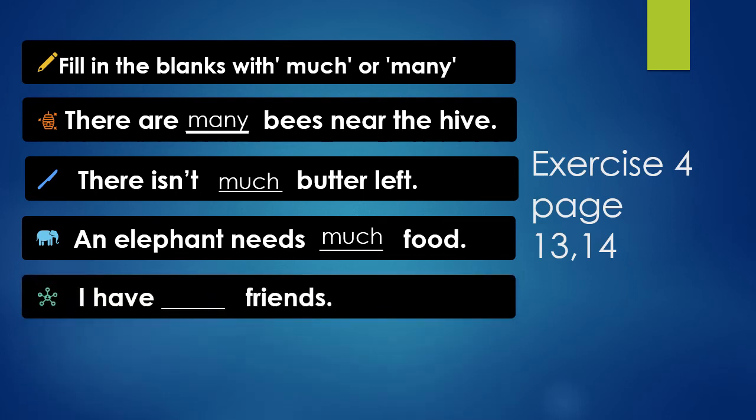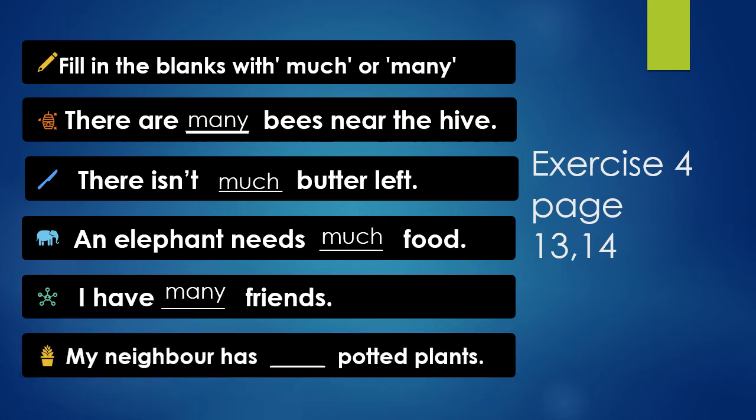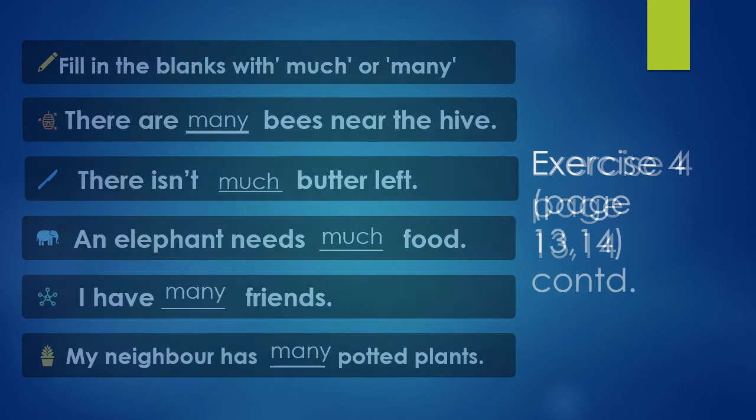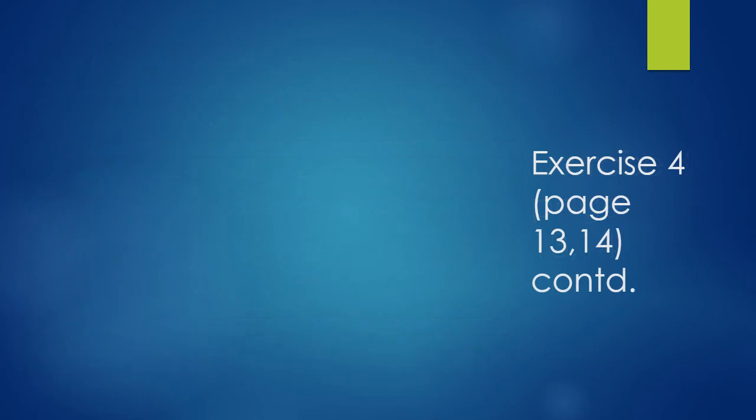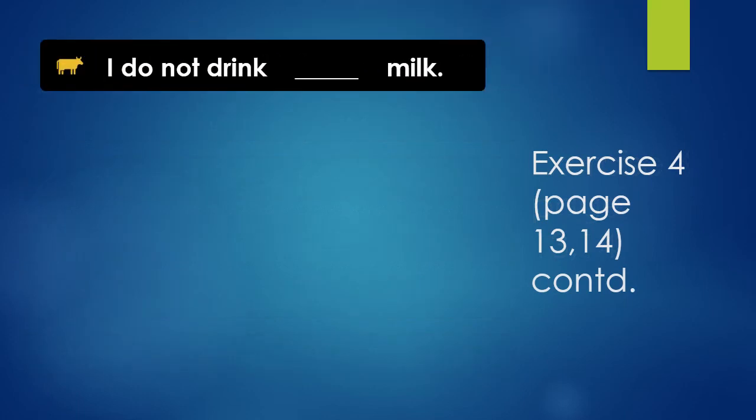Next sentence is, I have dash friends. I have many friends. Next sentence is, my neighbor has dash potted plants. What comes here? Many, as potted plants are countable. Next is, I do not drink dash milk.